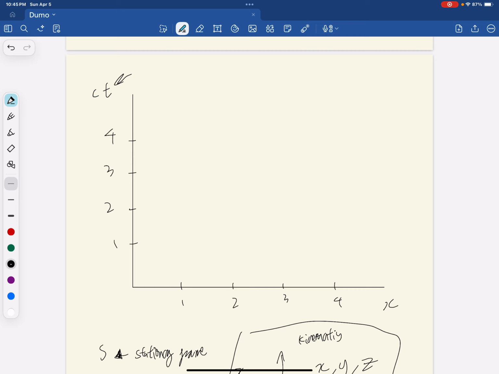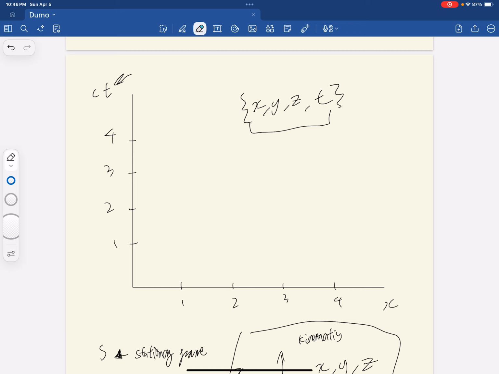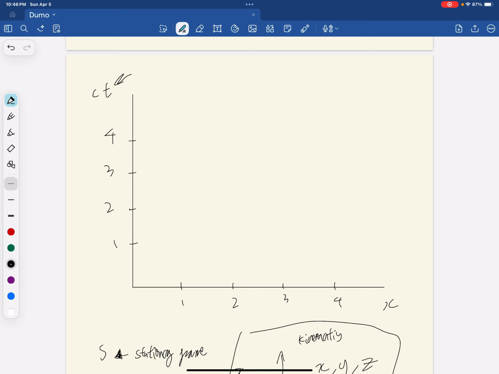And so if you're trying to be really fancy, we can describe our world with a 4D coordinate, x, y, z, and time, to describe our whole world in super amazing detail. But obviously we can't do that. We can't make a graph or a diagram with 4 axes. That's way too complicated.